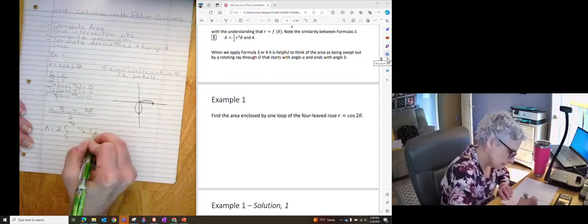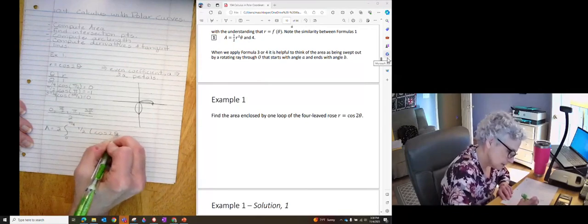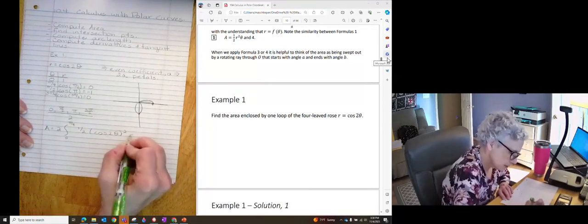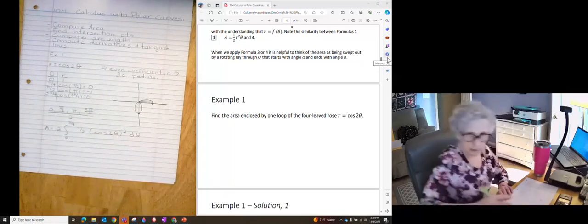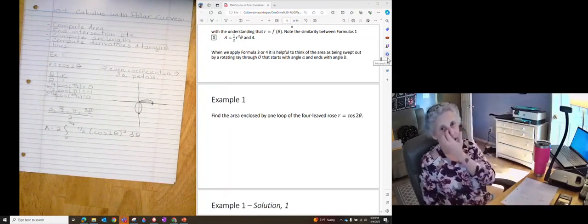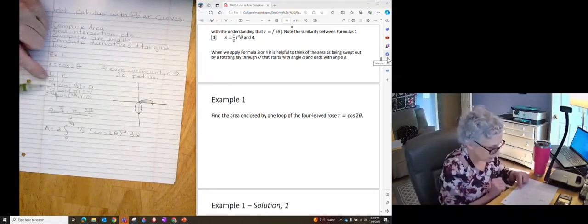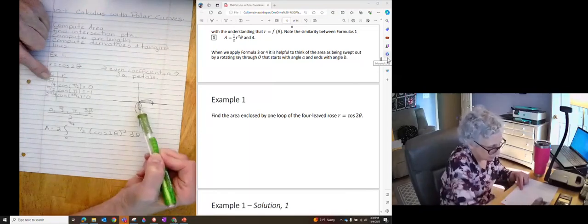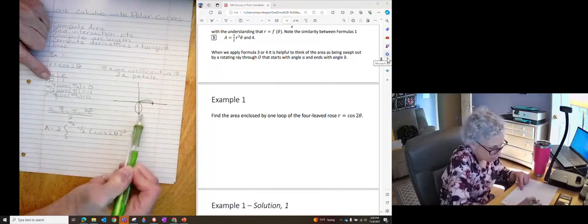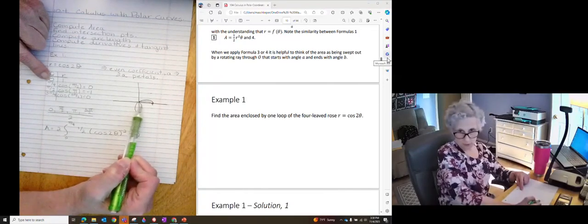One half cosine squared of 2 theta d theta. I could have computed the area from 0 to pi over 4 to 3 pi over 4 and found the area of this loop.